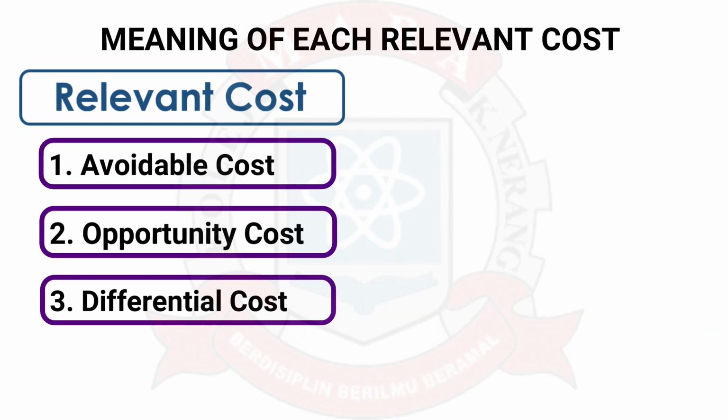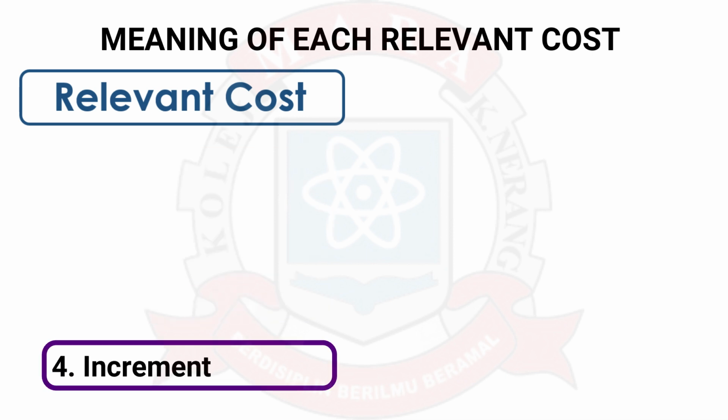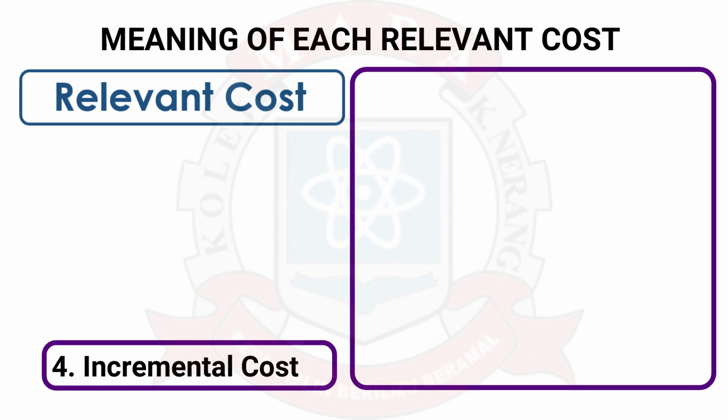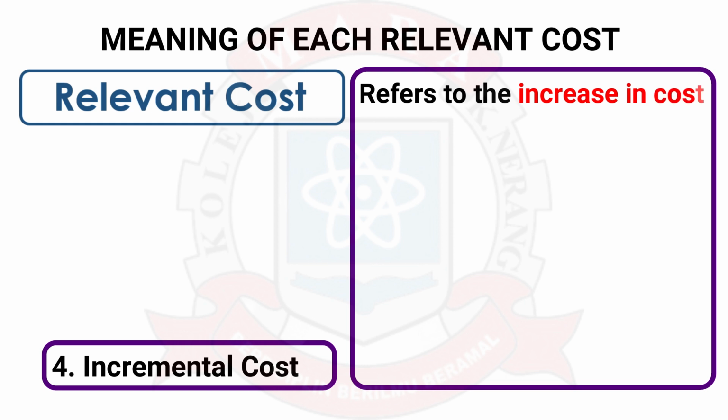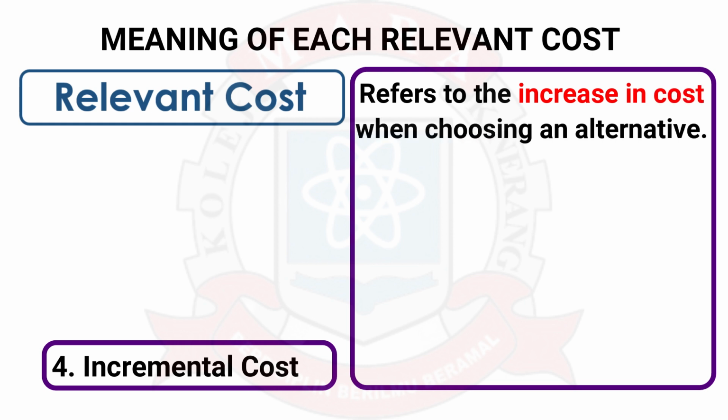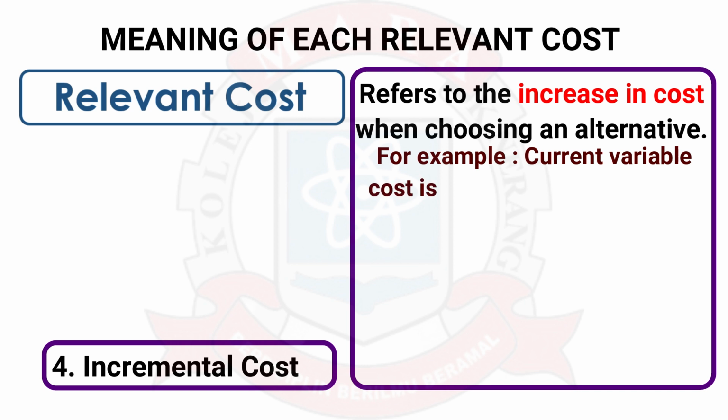Alright, let's move on. The last type of relevant cost is incremental cost. Incremental cost refers to the increase in cost when choosing an alternative. For example, current variable cost is 1,000 ringgit Malaysia.